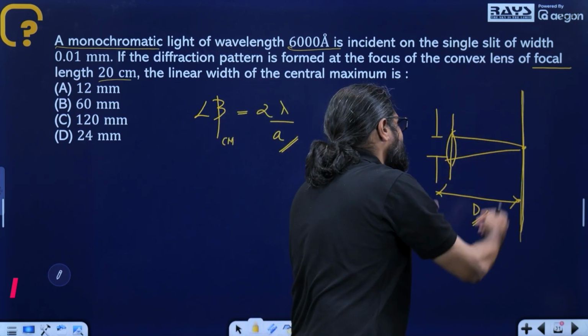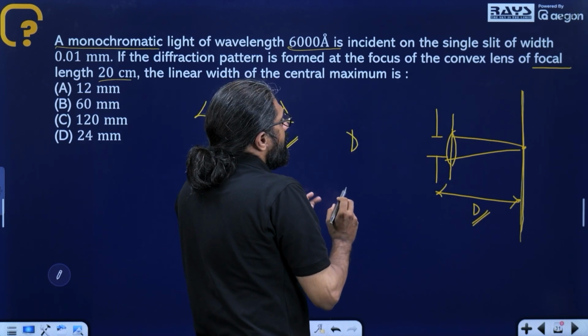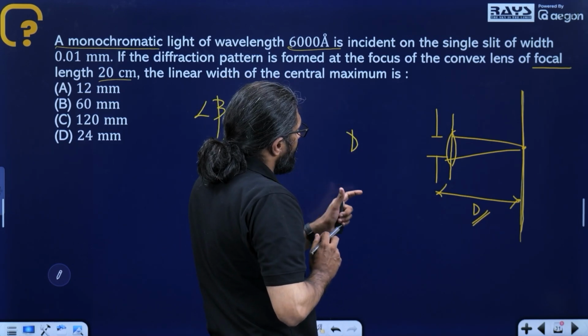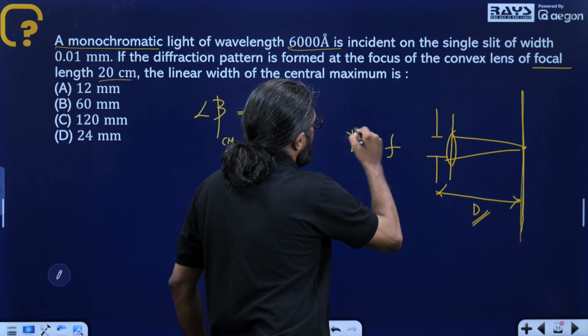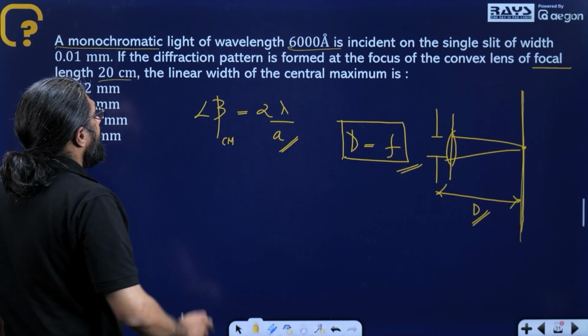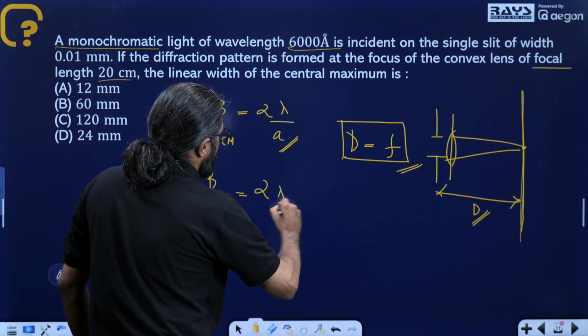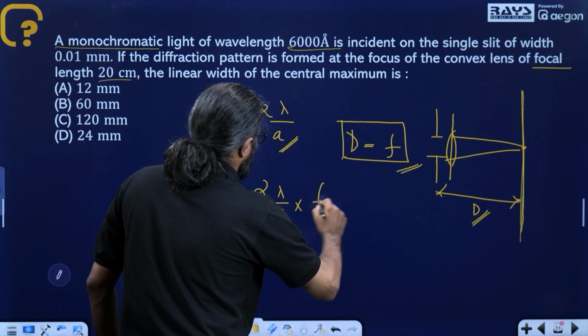So the basic crux of this question is that you are entitled to use capital D as F in this type of question, which gives me beta Cm will be equal to 2 lambda by A multiplied with F.